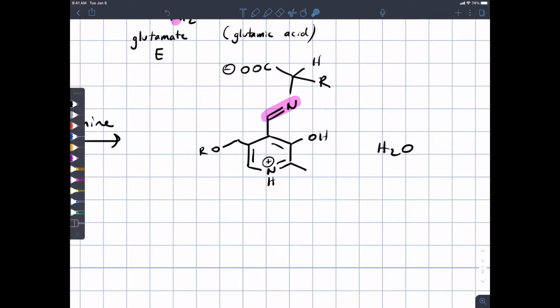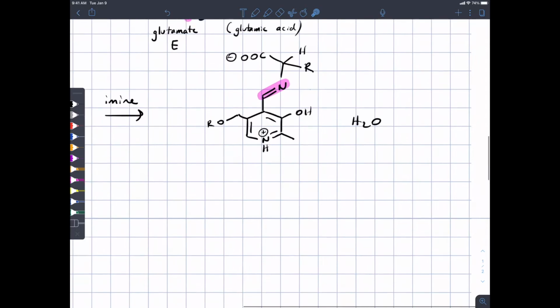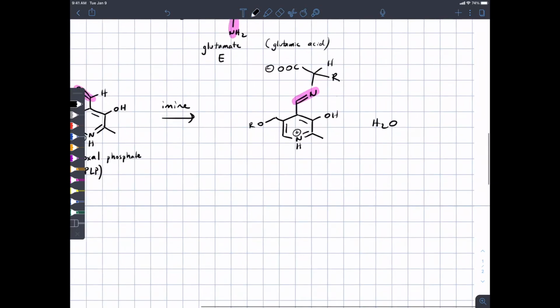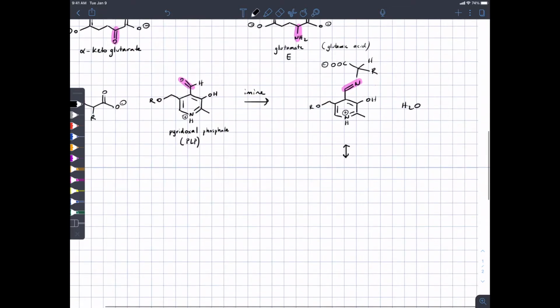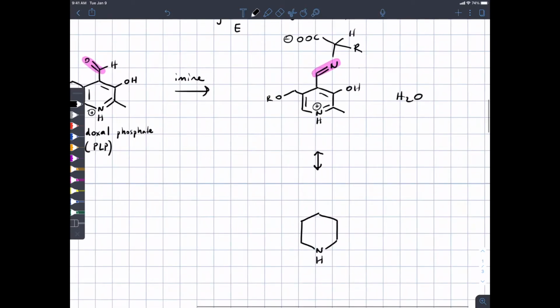It's a little bit electron poor, and maybe you can see how we could draw a resonance structure for this intermediate. It might not be a great resonance structure, but hopefully you can see how we could draw a resonance structure in which we move the electrons in this bond over onto the nitrogen, and make a double bond here.